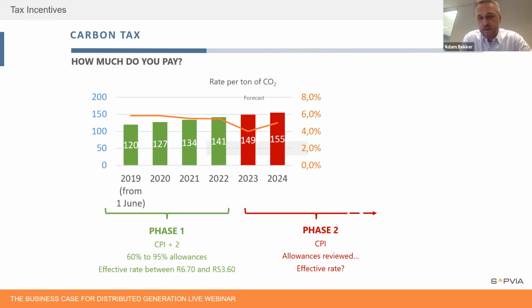Between 60 and 95% of your CO2 emissions can be offset. The 60% is a base tax-free allowance, and that's really where we expect to see a re-evaluation taking place from 2023 onwards. If you move to the next slide.